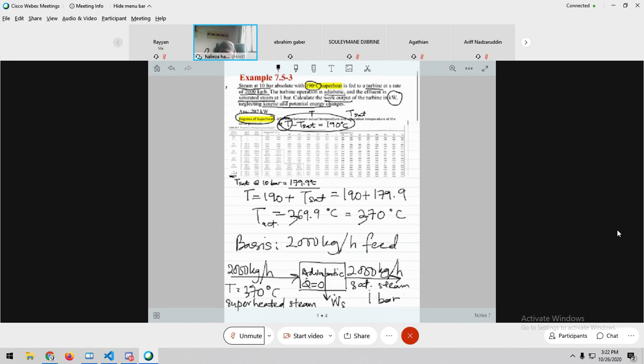First, the easiest one will be looking at the saturated steam at 1 bar. Look at this condition, saturated steam at 1 bar. So let's try to zoom in. I'm having difficulty here trying to zoom in. Oh dear, how to zoom in?